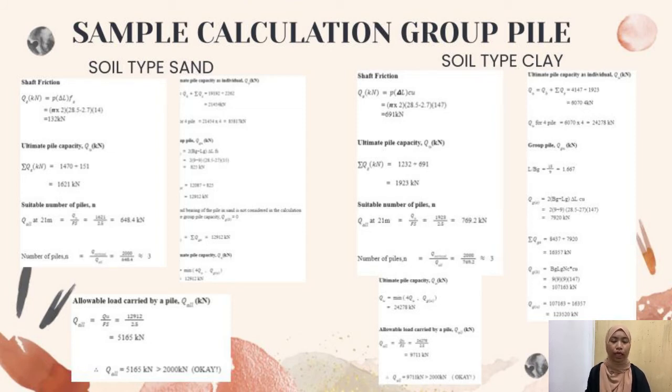In this part, we will calculate the suitable number of piles that can support the load at the termination depth. We have assumed the termination depth is 20 meters.